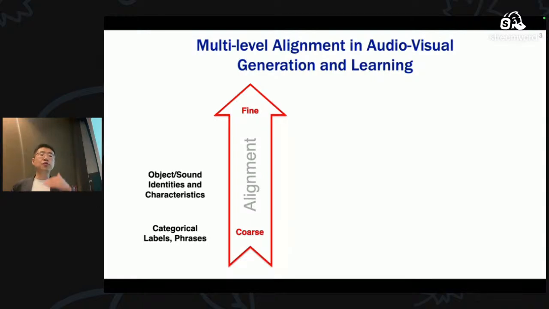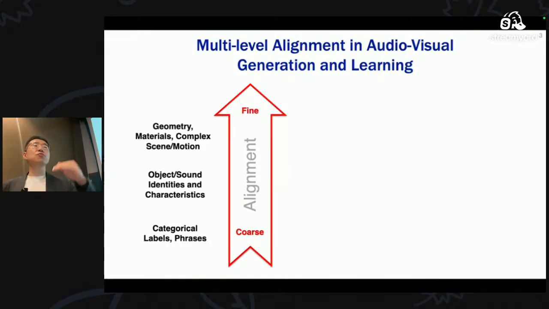At the middle level, we pay more attention to specific object instances. We want to preserve their acoustic characteristics and their visual characteristics. And at an even finer grain, we have geometry, material properties, complex scene setups, and visual motions that align between visual and audio signals.